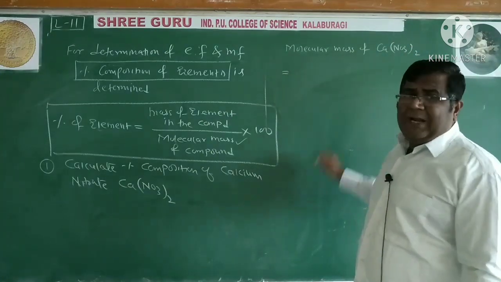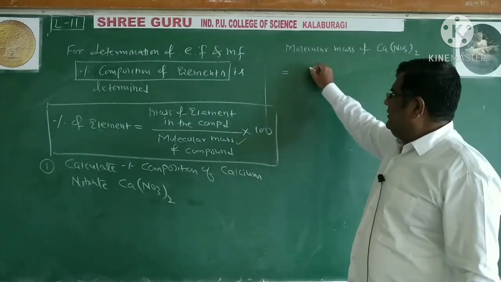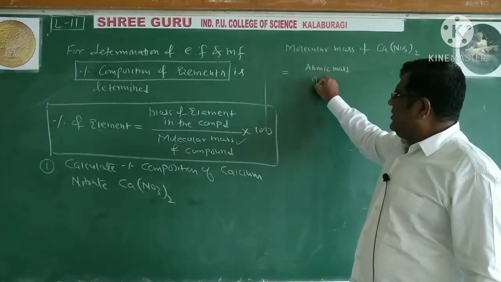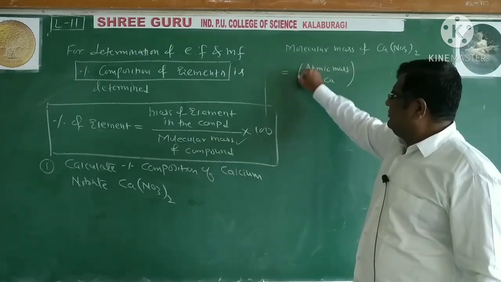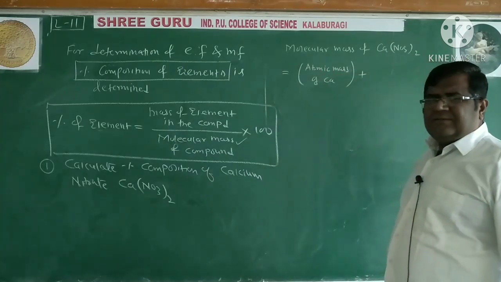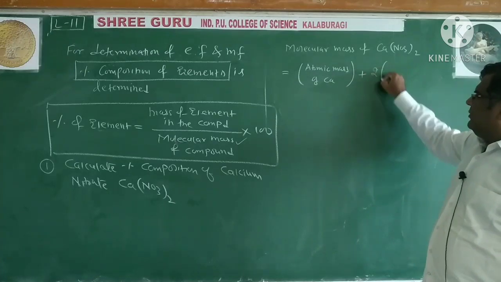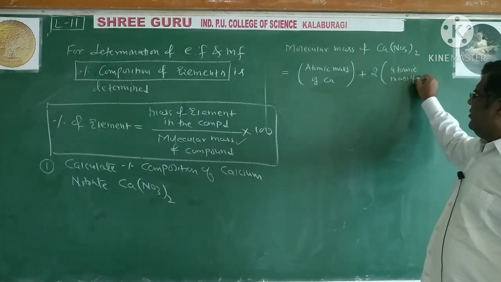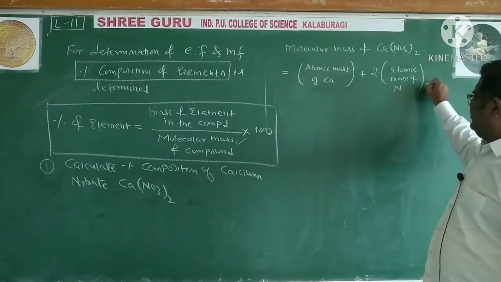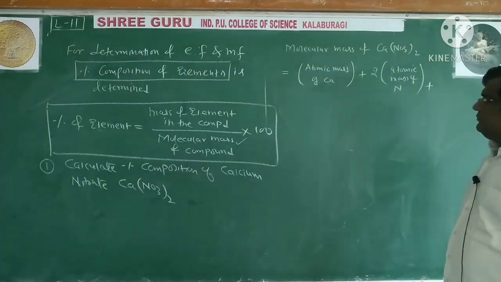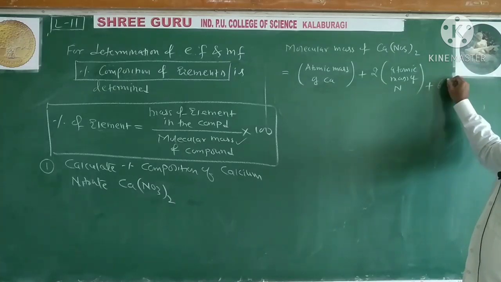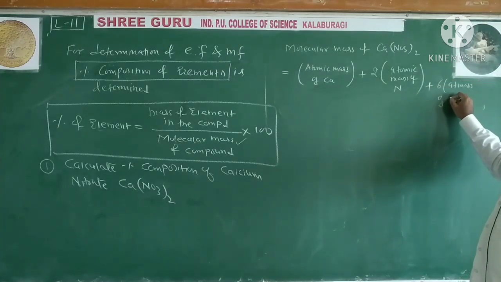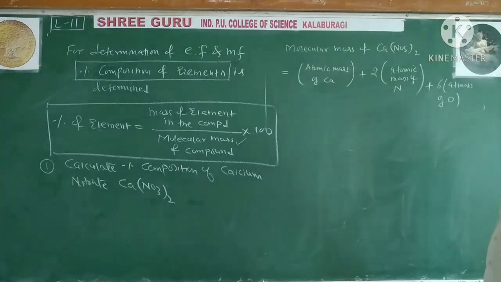It is the sum of atomic masses of all the elements. So it is atomic mass of calcium plus 2 into atomic mass of nitrogen plus 6 into atomic mass of oxygen.